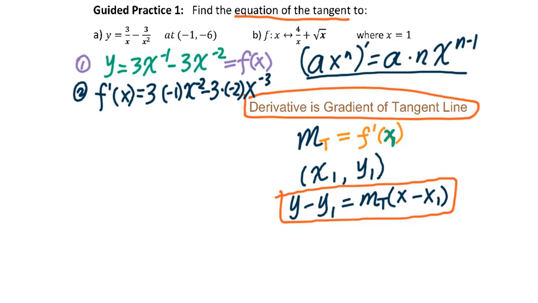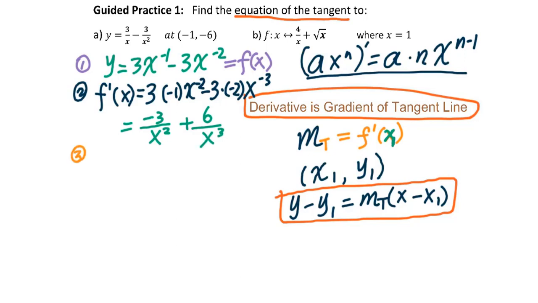Then I organize, you will get negative 3 over x squared, because negative exponents mean a fraction. Then negative 3 times negative 2, that's a positive 6 over x to the third power.